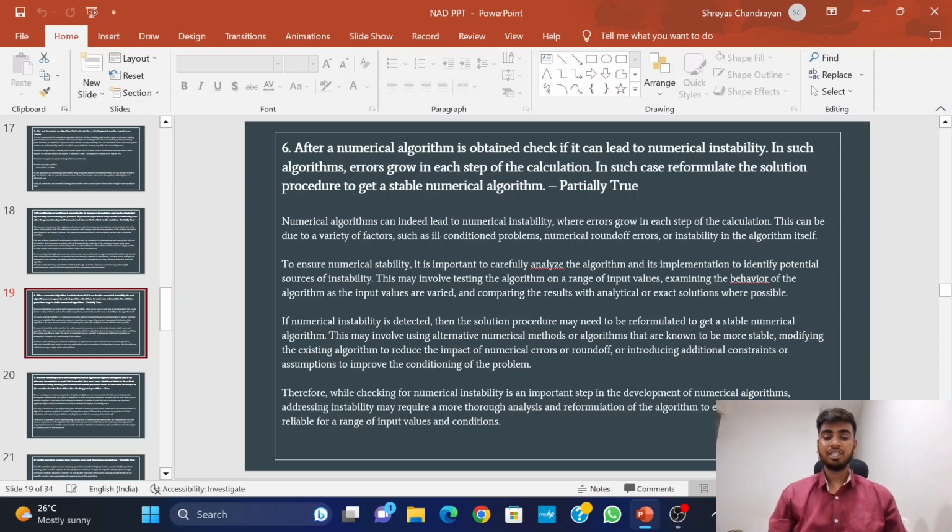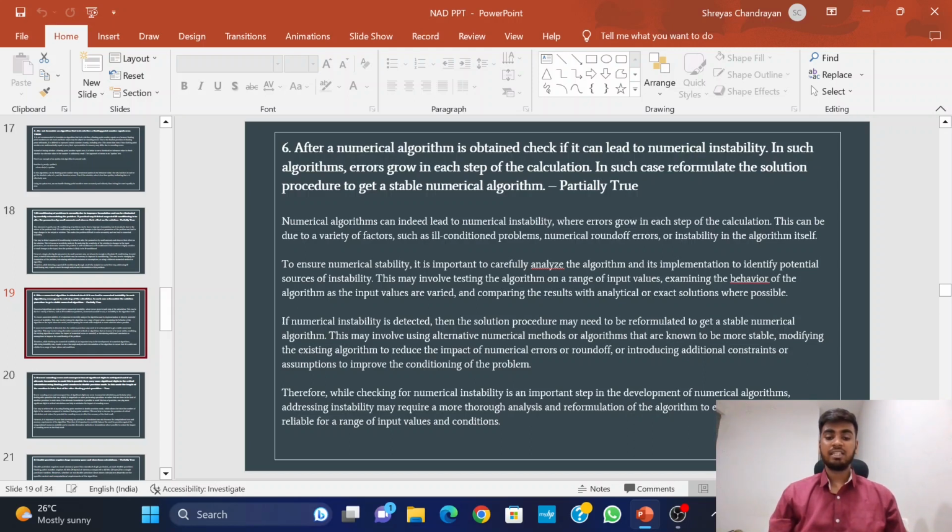This statement is partially true, as numerical algorithms can indeed lead to numerical instability, where error grows in each step of calculation. This can be due to a variety of factors such as ill-conditioned problem, numerical round off errors, or instability in the algorithm itself. To ensure numerical stability, it is important to carefully analyze the algorithm and its implementation to identify potential sources of instability.